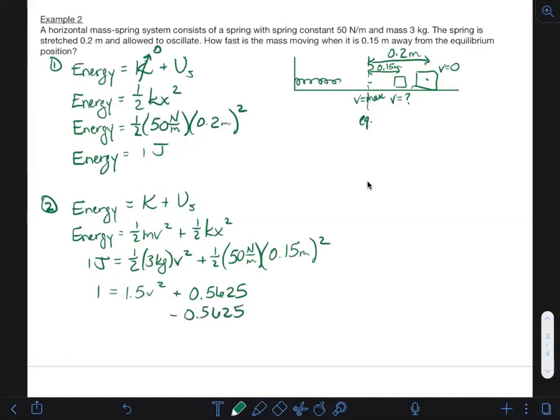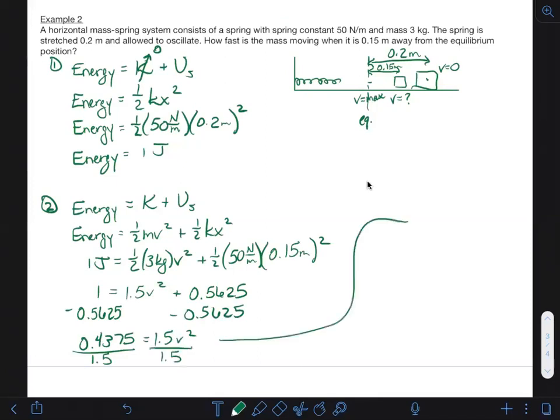Let's get V all by itself. So we'll start by doing 1 minus 0.5625, and we end up getting 0.4375 is equal to 1.5 V squared. So if we divide everything by 1.5, then we end up getting 0.2916 is equal to V squared.